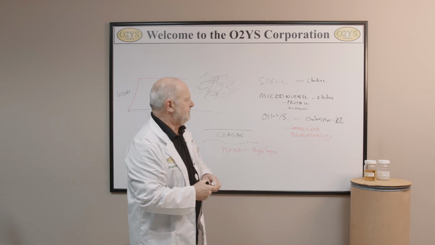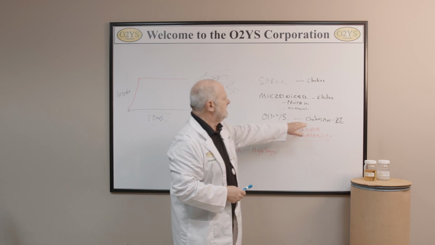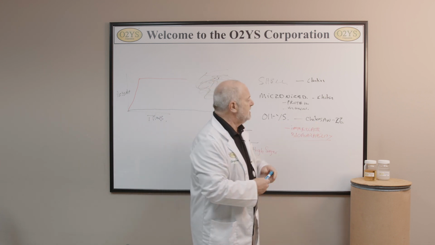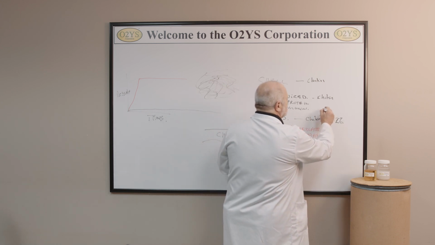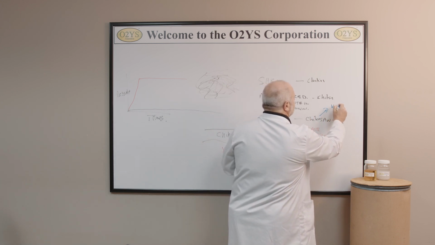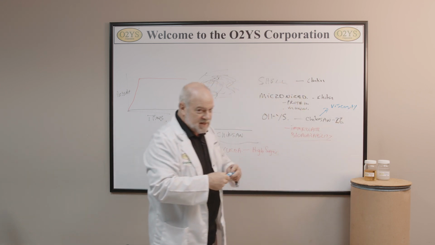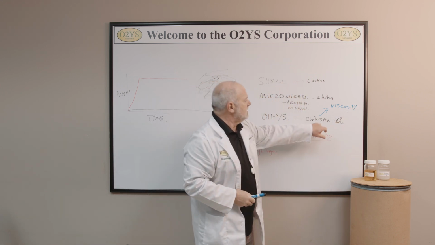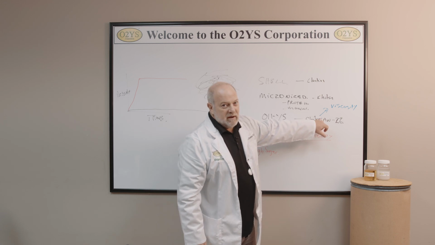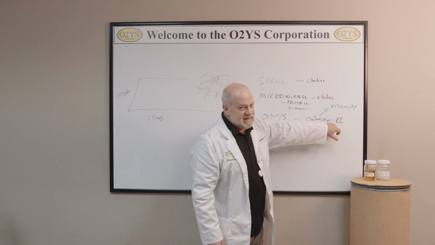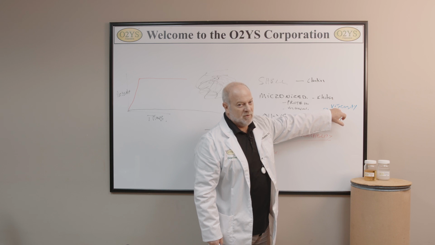And the main reason for that is chitosan as a polymer in solution will cause some element of viscosity. And viscosity is a measurement of resistance to flow. So we don't want to make a product that has so much chitosan in it that it won't flow or it won't mix.